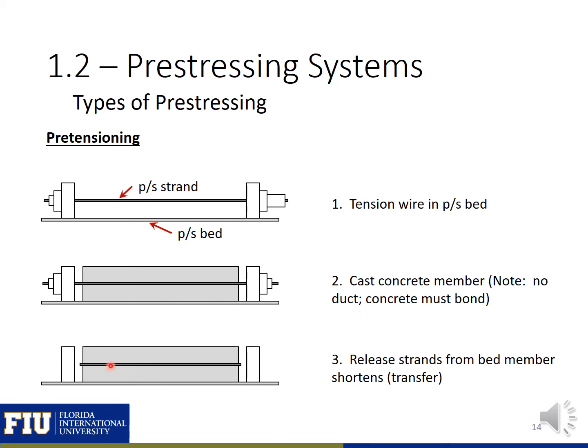And at this point, the concrete is in compression, and the stresses are being transferred from the strand to the concrete through the bond between the two. So there's no end anchorage device, and it works through Hoyer's effect, which we discussed a few slides earlier.